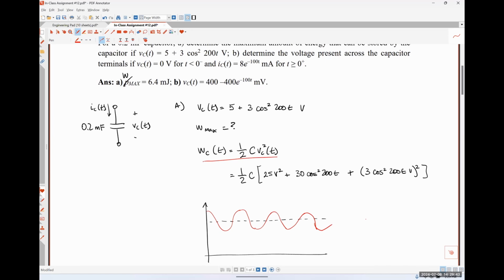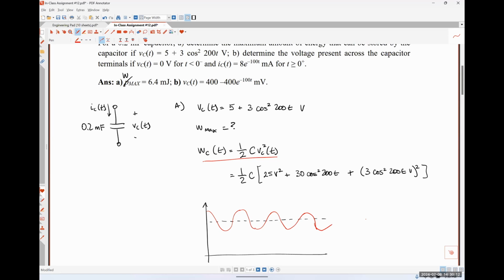When is a constant DC value of 5 volts at its maximum? Or a better way to put this is, what is the maximum value of 5 volts? 5. Absolutely right. What is the maximum value of a cosine function? 1. So what would be the maximum value of cosine squared? 1.